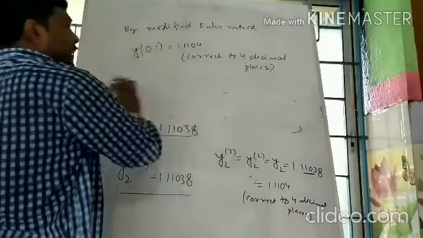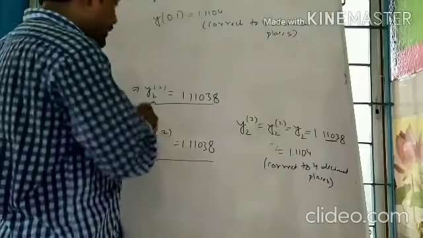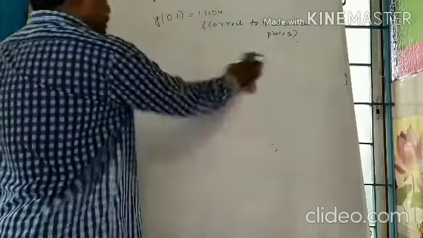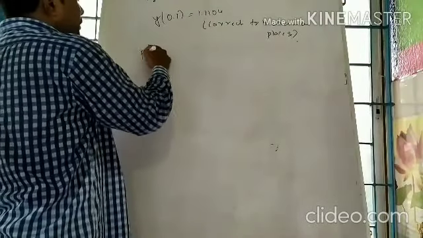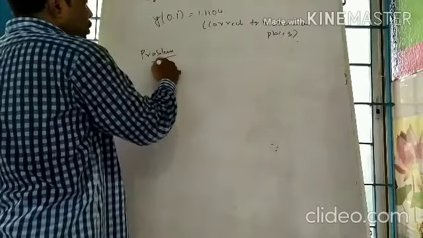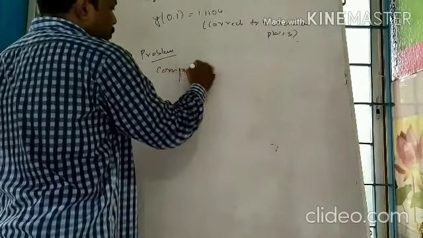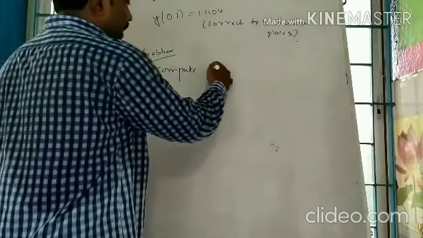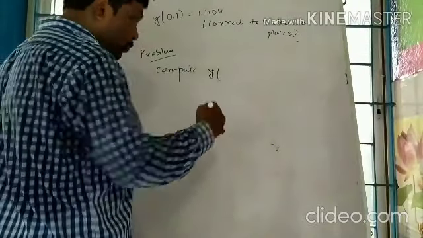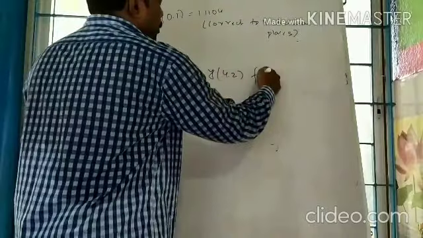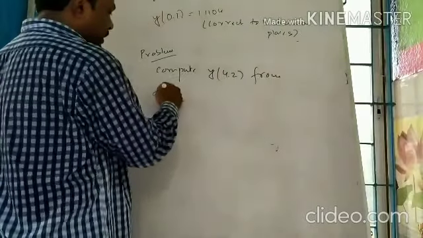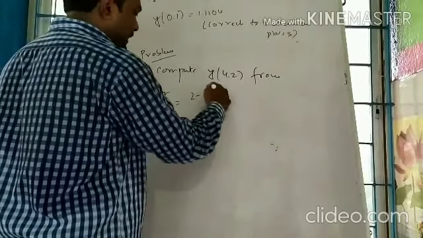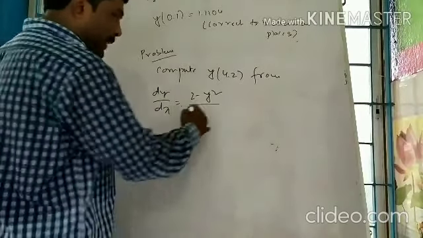Now take one more problem related to the modified Euler method. Just write problem. Compute y 4.2 from the differential equation dy dx equals 2 minus y square by 5x.